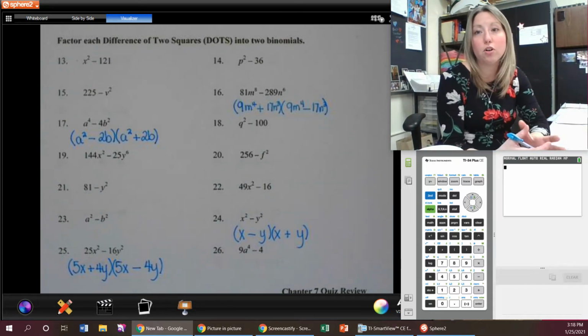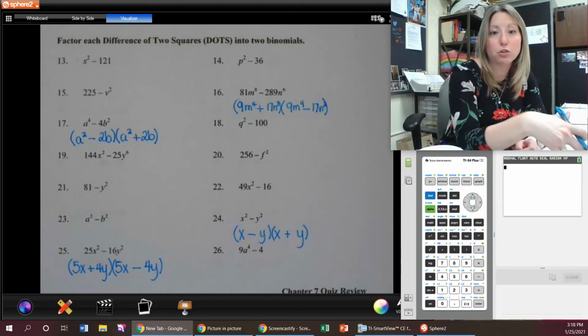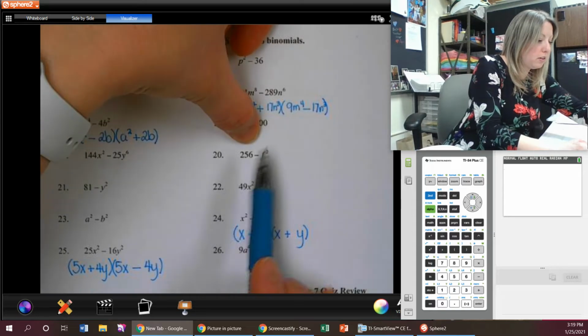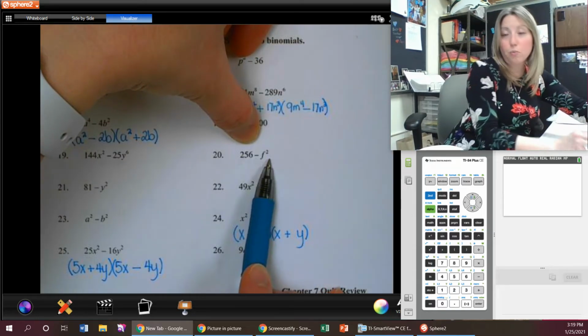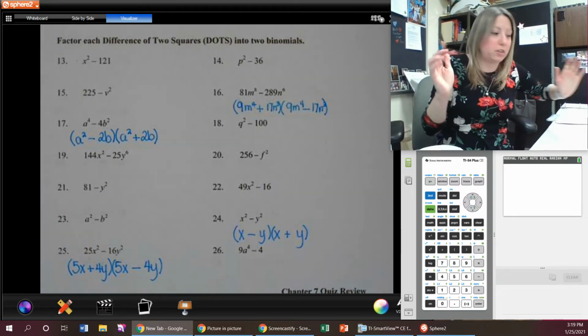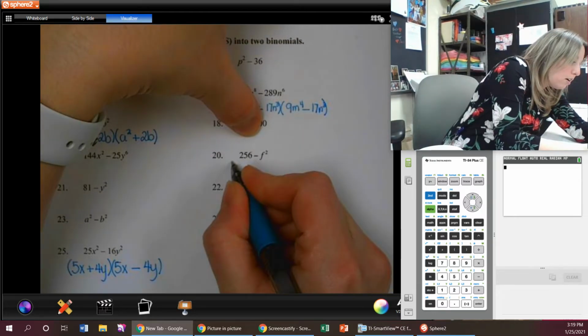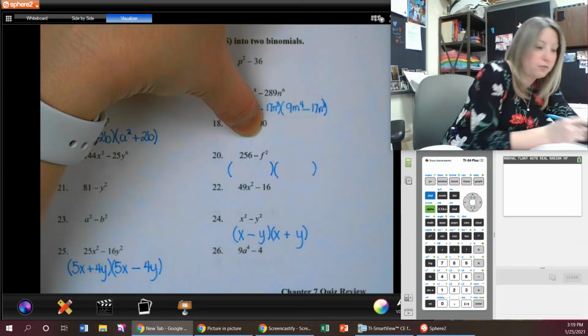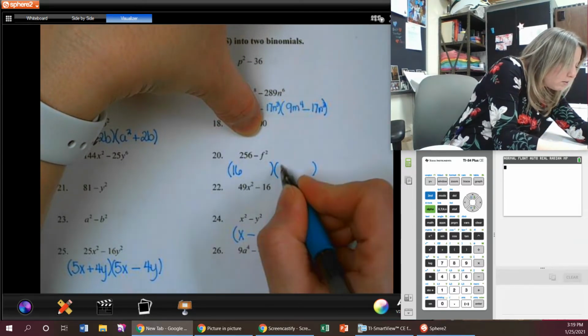You want to make sure you are checking a perfect square minus a perfect square. Let me try number 20, because sometimes you'll run into this where it's not in standard form, but it's still a perfect square minus a perfect square, so it still factors exactly the same way. Make your empty sets of parentheses, and the square root of 256 is 16 in the fronts.